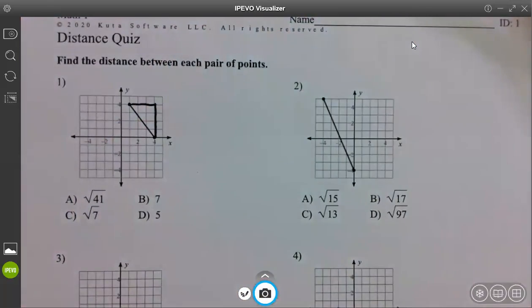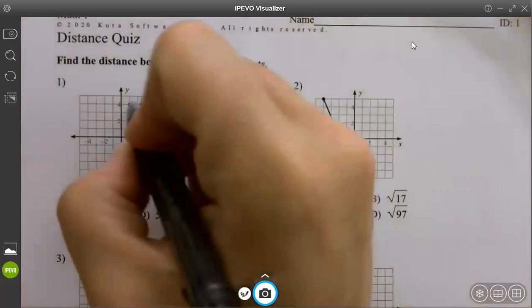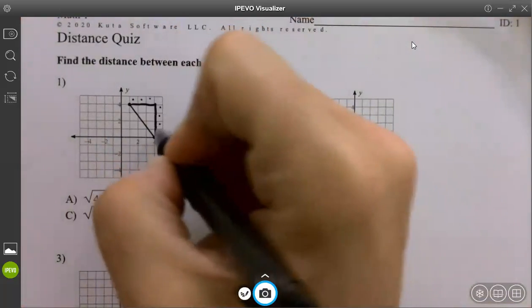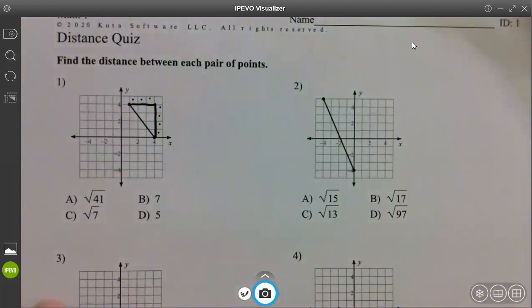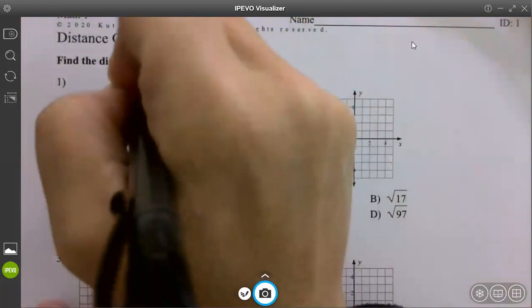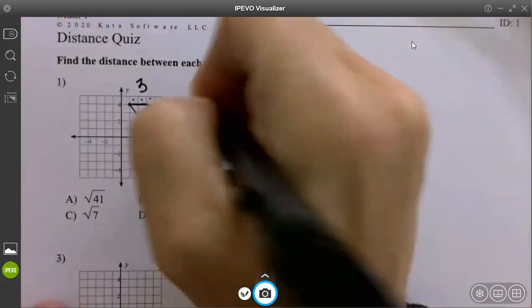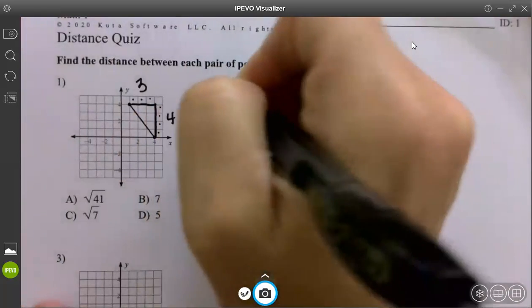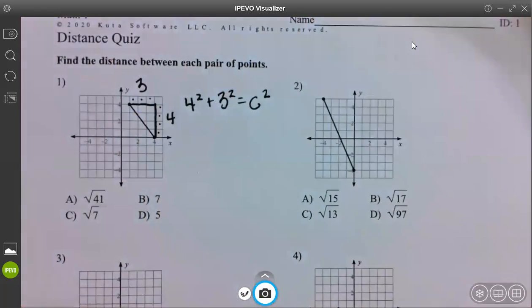So remember on our graph, we're going to do our rise over run. What is your rise and run? 4 and 3. So I'm going to do 4 squared plus 3 squared equals c squared. I should see this work, guys.